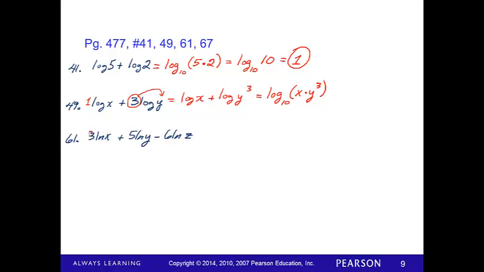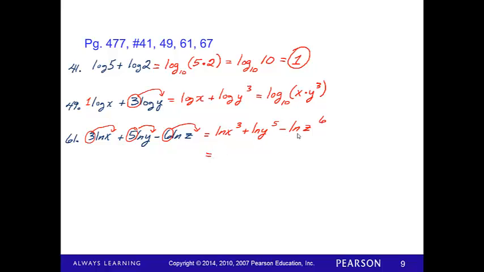So you need to take each coefficient and make it the exponent. So the 3 will become the exponent, the 5 will become the exponent, and the 6 will become the exponent. So this becomes the natural log of x to the 3rd power plus the natural log of y to the 5th power minus the natural log of z to the 6th power.